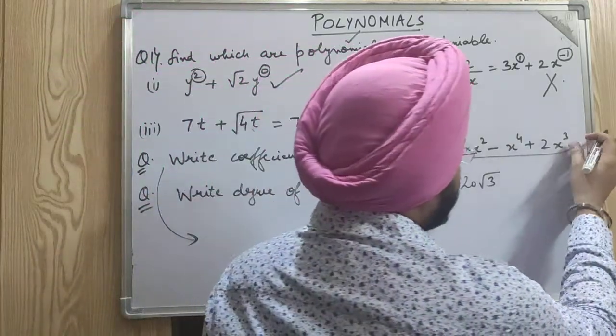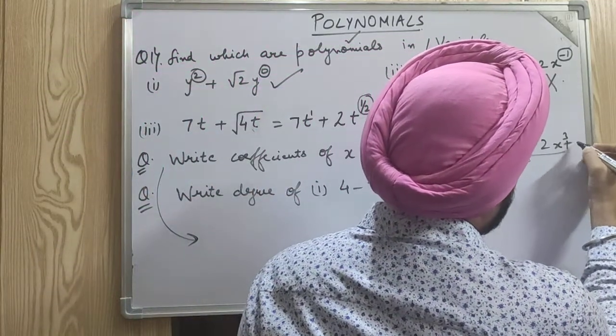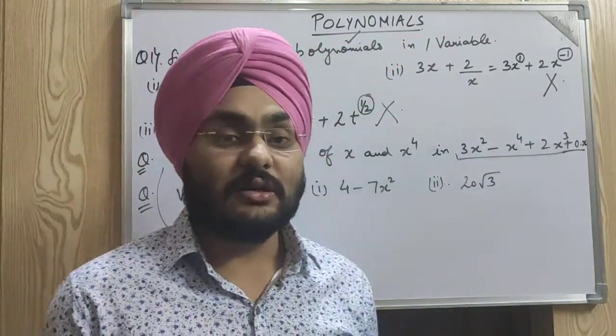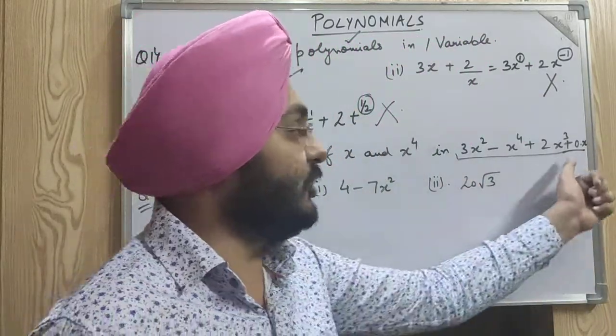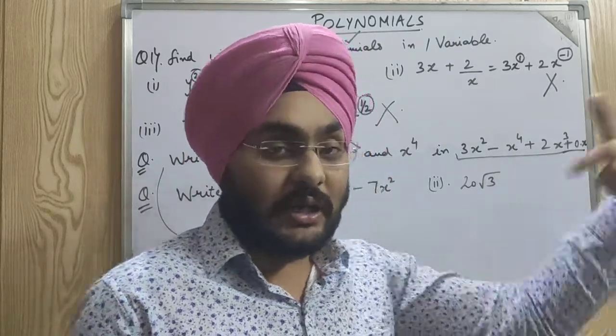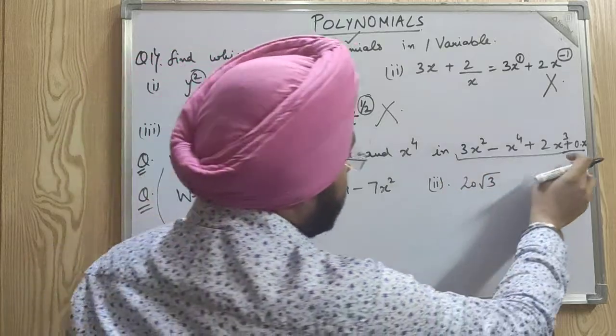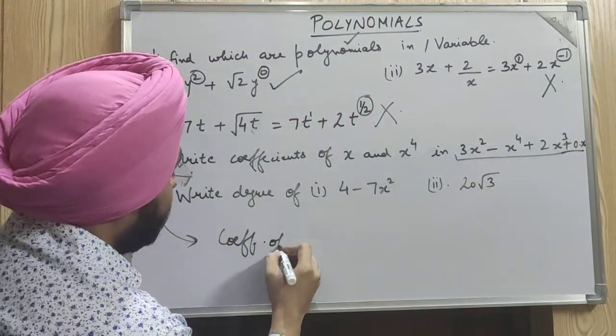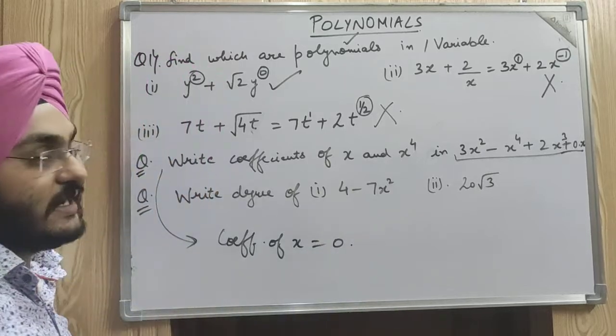So can't I write it in this way, plus 0 multiplied by x? Is there any change in the answer? No, there will not be any change, because 0 into x will be 0, and 0 added to anything will be the number itself. So what's the coefficient of x here then? If x is not present, I will say the coefficient of x is 0 here.